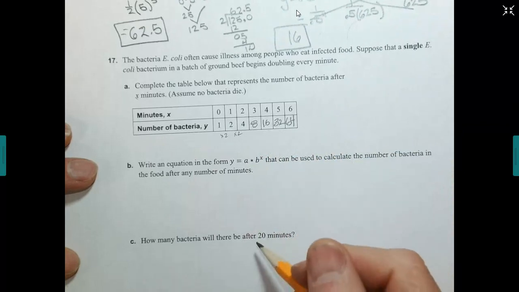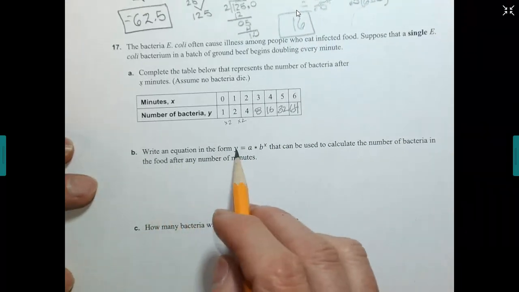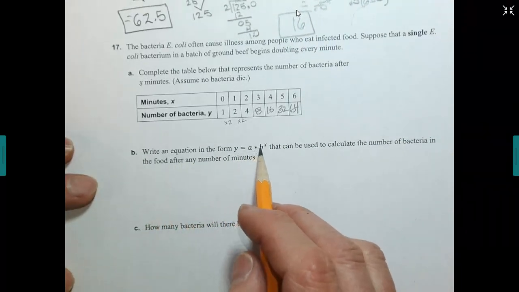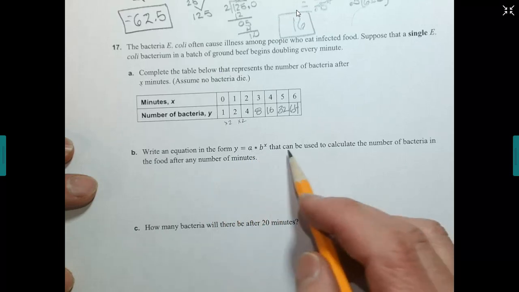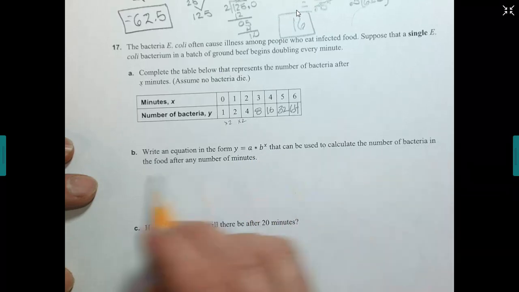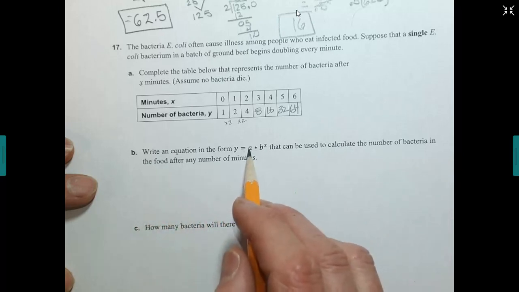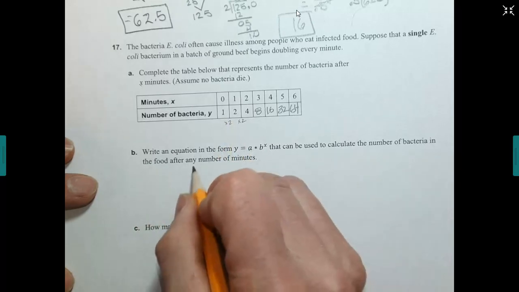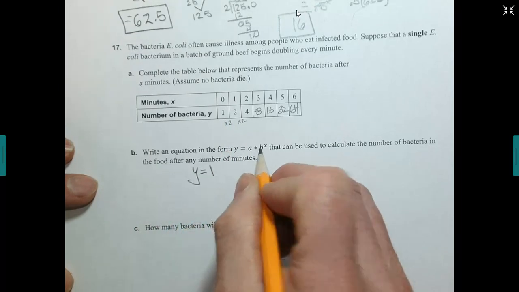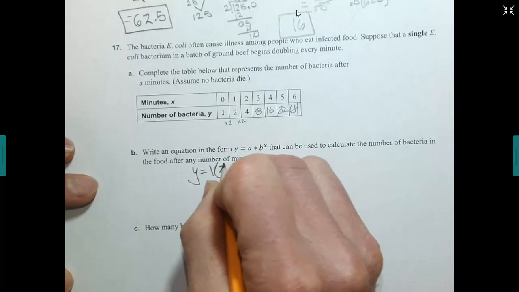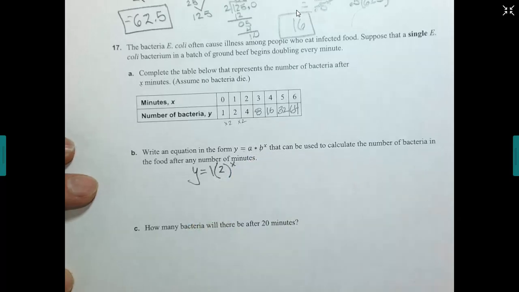There's my chart. Write an equation in the form of y equals a times b to the x that can be used to calculate the number of bacteria in the food after the number of minutes. So a is our initial, which is 1. So y equals 1 times our rate of change, which is 2, to the x value.